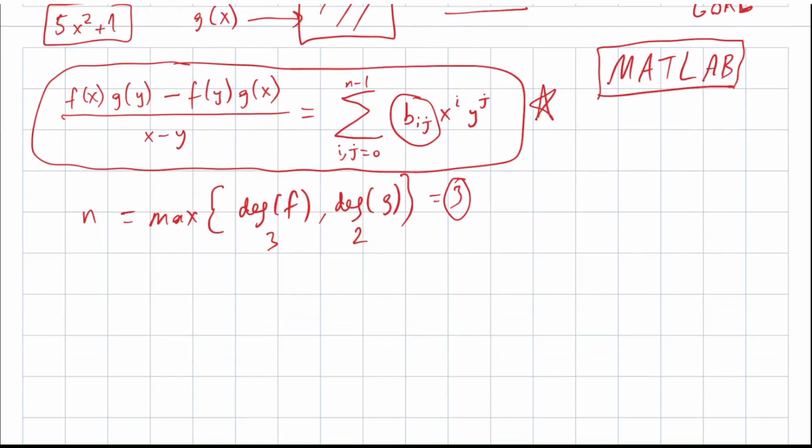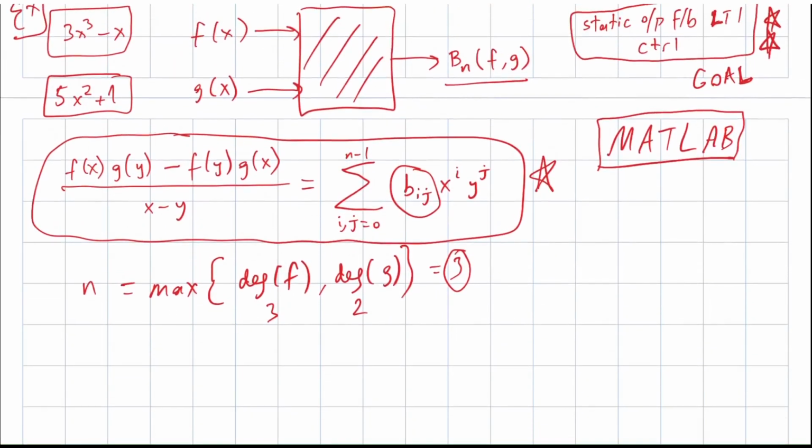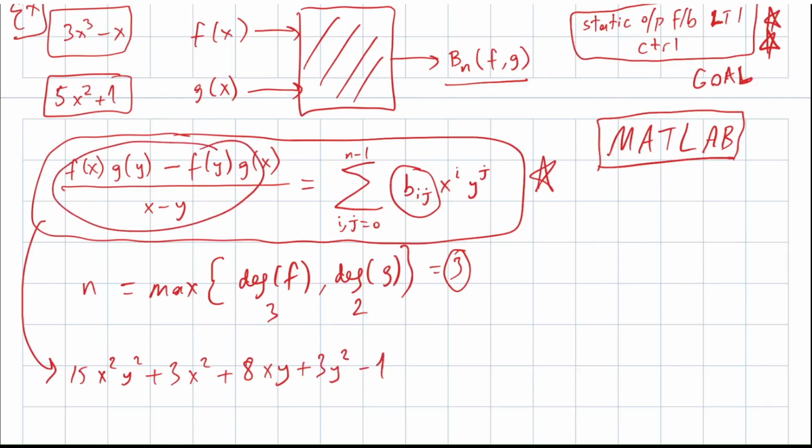I'm going to type it. If you use this formula, what you get is 15 x squared y squared plus 3 x squared plus 8 xy plus 3 y squared minus 1. Okay, this is it.